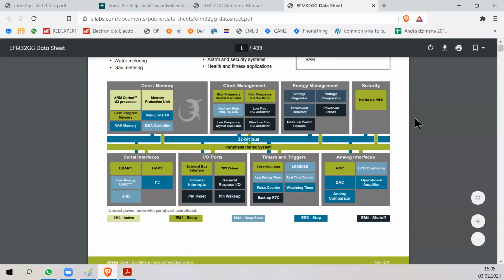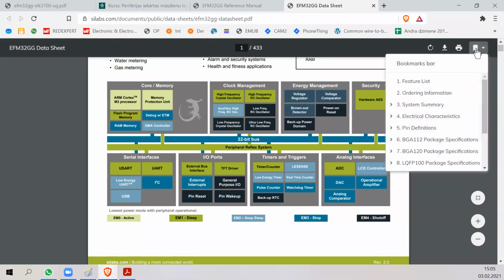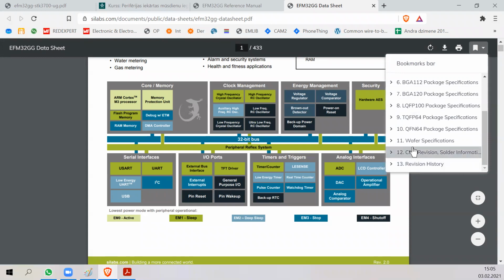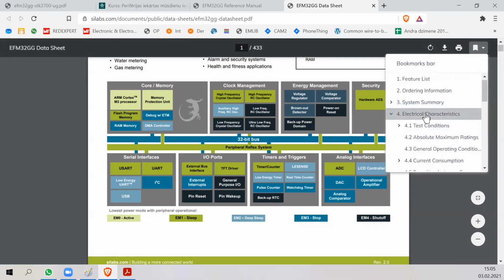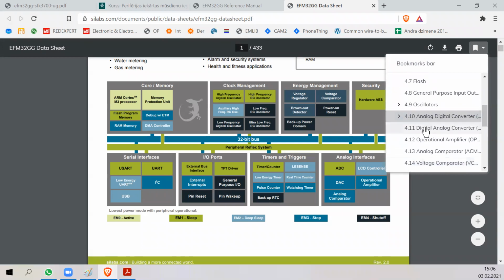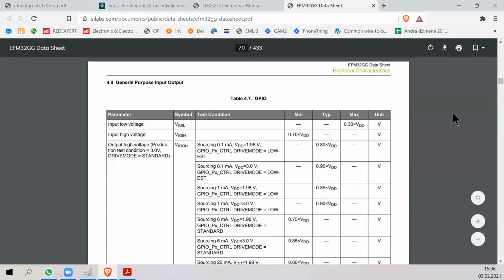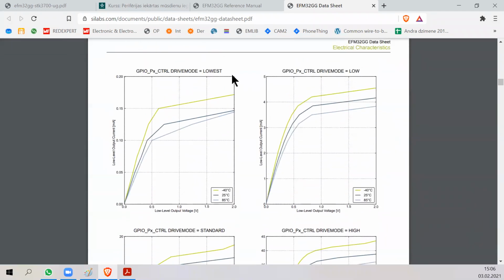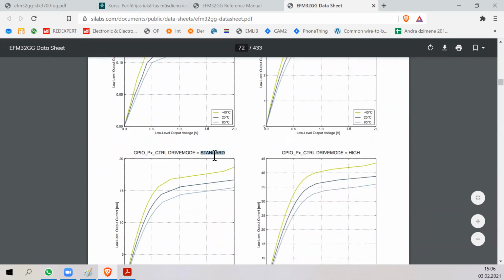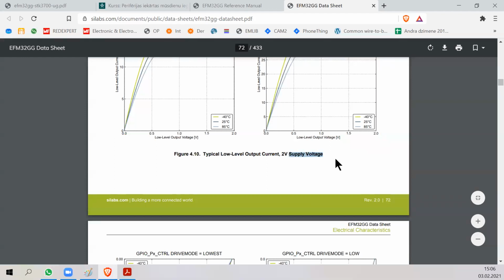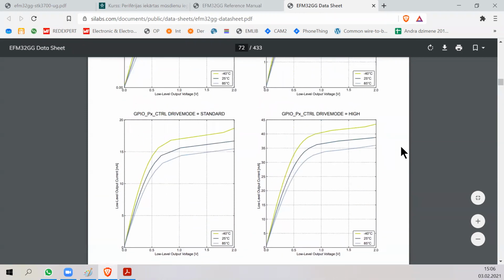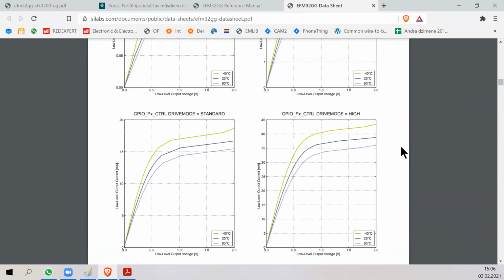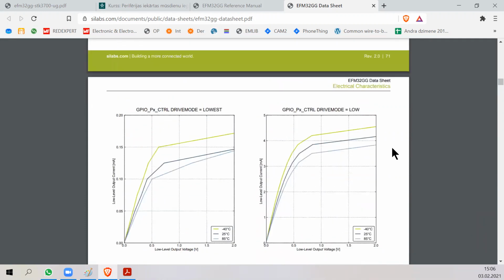And in the datasheet, we can go to the page which describes electrical characteristics, general purpose input output. The datasheet also tells you what it means: lowest, low, standard, and high output current based on supply voltage. So these microcontrollers have a current limiter on each pin, so you can actually limit the current, which is good.